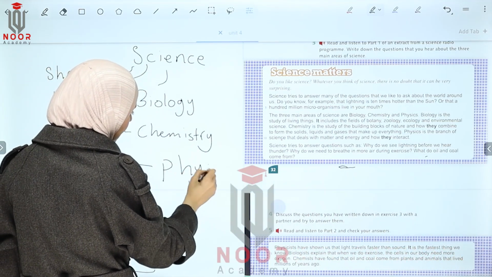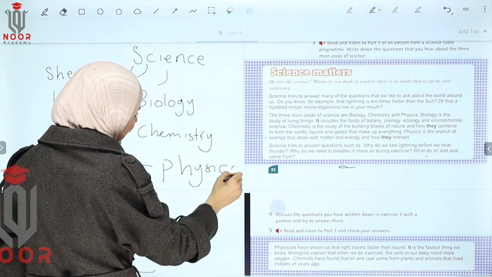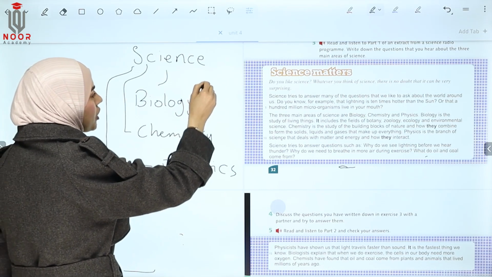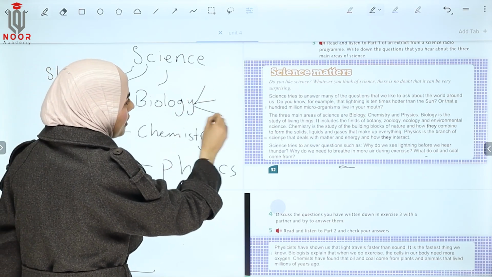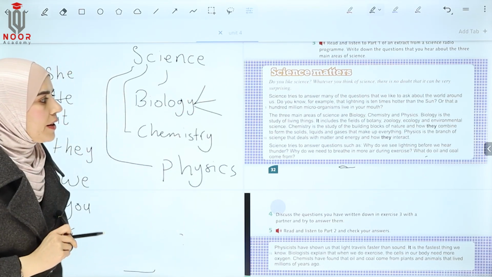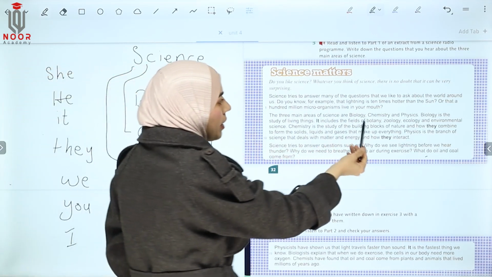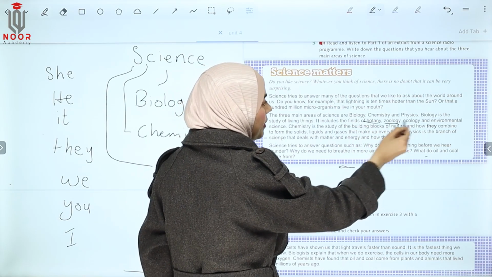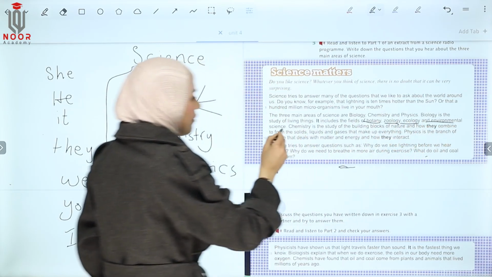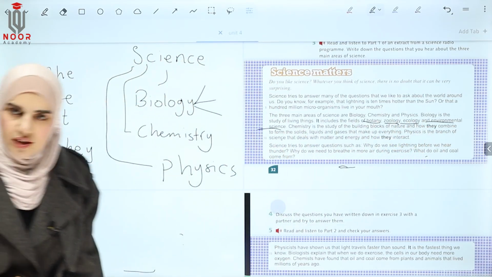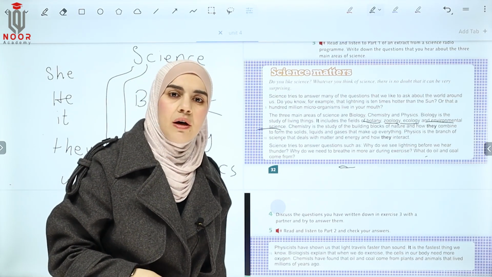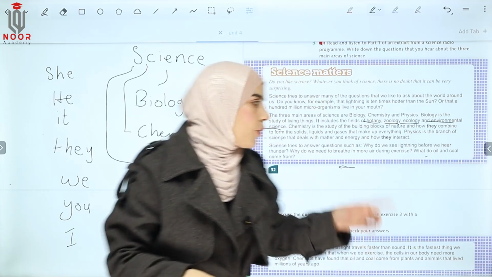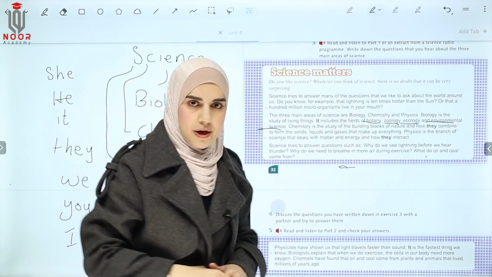Okay. Now, if I have here biology, I should focus on three things, or three or four: botany, zoology, ecology, environmental. So if I ask you, for example, to tell me the branches of biology, you should focus on details. So it refers to biology.